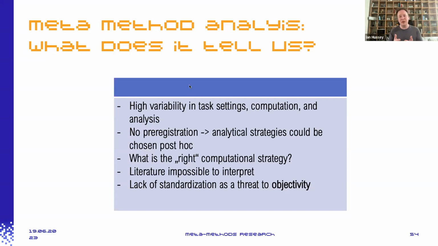It's really common that papers jump straight to hypothesis testing without showing much of any measurement or validity evidence. In the absence of this, it becomes increasingly difficult or potentially impossible to interpret these literatures, or certainly to synthesize them across studies. And this lack of standardization is a clear threat to objectivity.